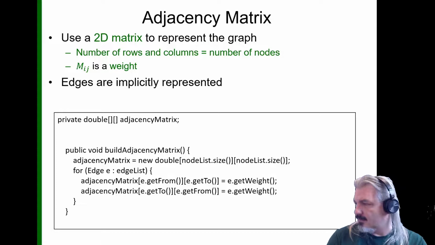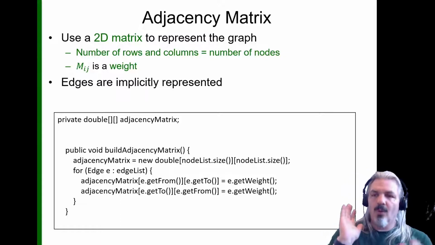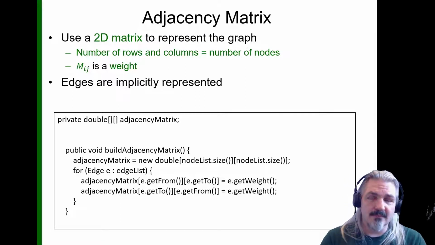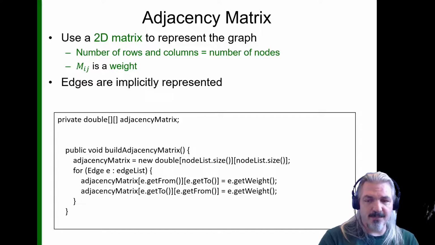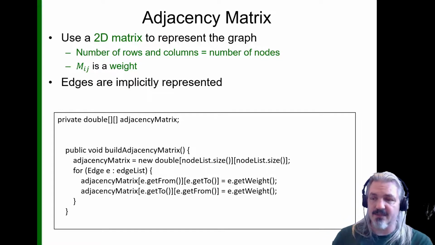I've got to also bring up the Discord to make sure I'm not missing anything there. Excellent. Right. So yesterday I talked about an adjacency matrix, and so what I thought I'd do is show you some code for an adjacency matrix.